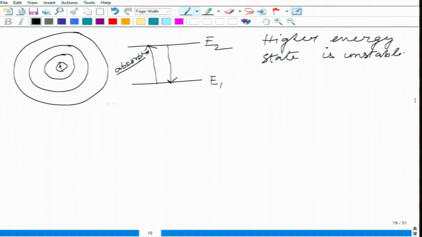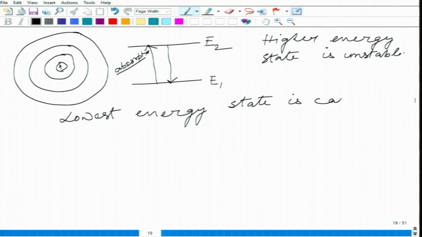Now, the lowest energy state, which is the nearest to the nucleus, is known as the ground state. Lowest energy state is called the ground state.